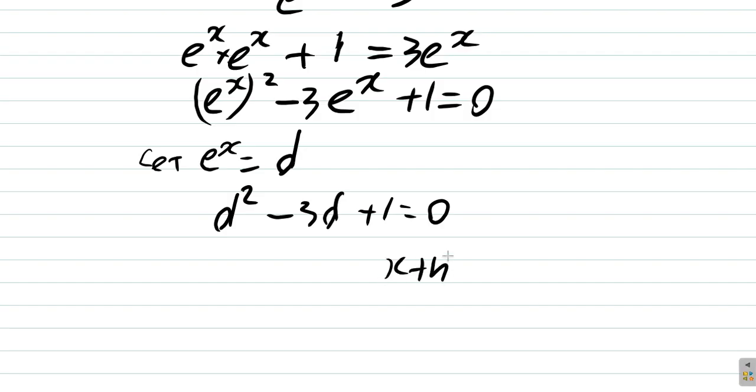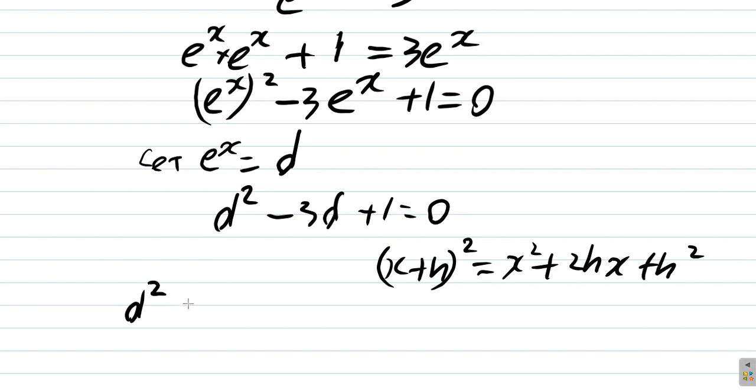x plus h squared, when you multiply it out, you get x squared plus 2hx plus h squared, right? So here, you have d squared plus negative 3d plus, now you have 1x squared, so you have 1d squared, alright.